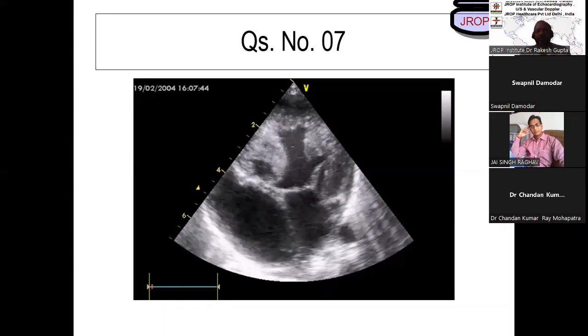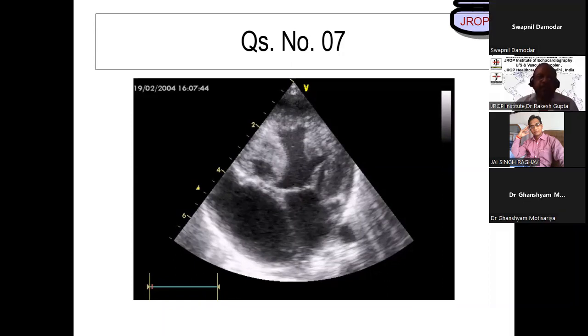My screen will immediately show your name. You get one, you lose one. Swapnil, go ahead. One is the VSD, and second is that the pulmonary artery has to arise from the RV. It does arise from RV, but there is no reversal of flow, because the pulmonic has got a valve.